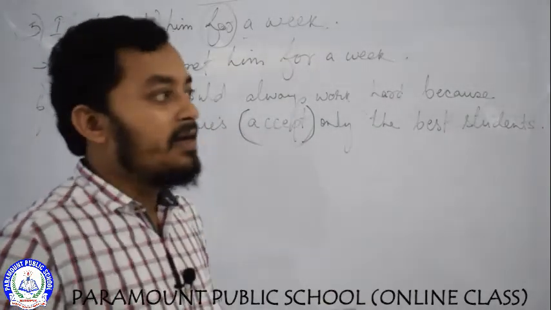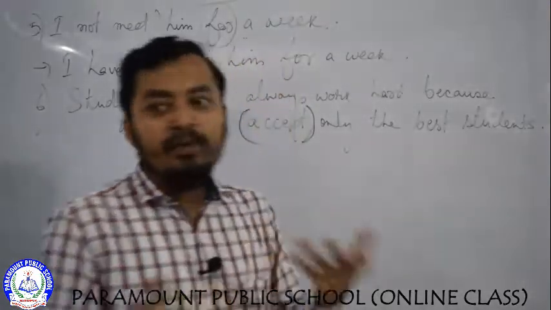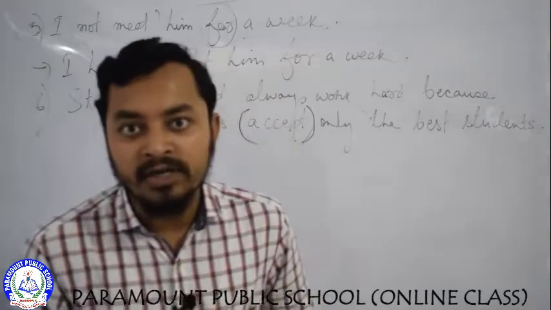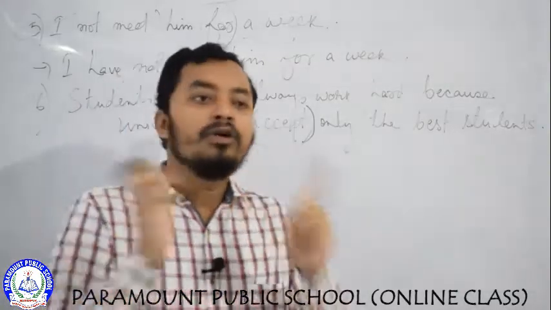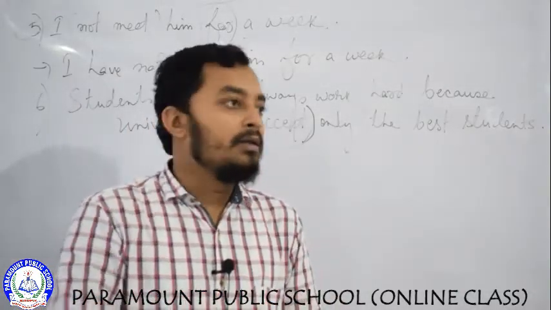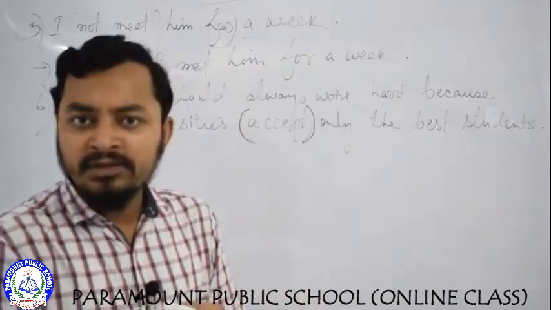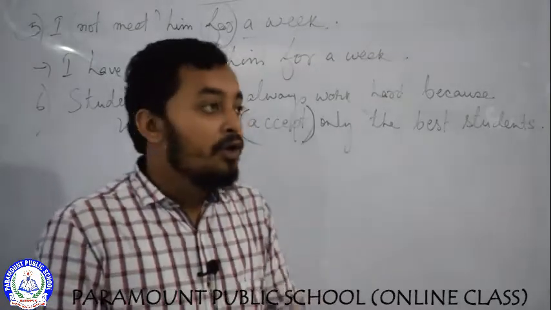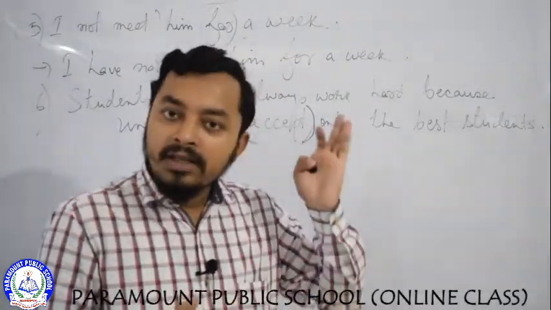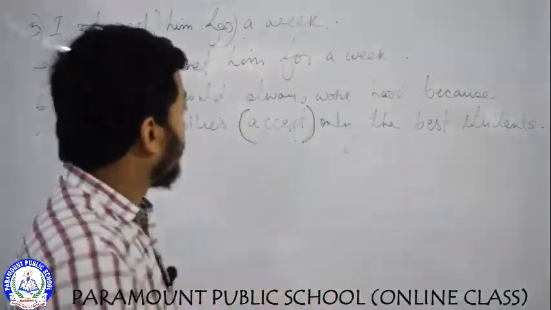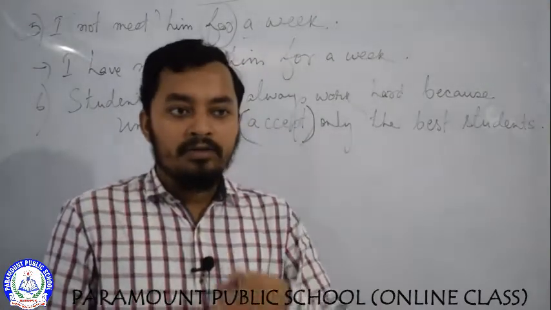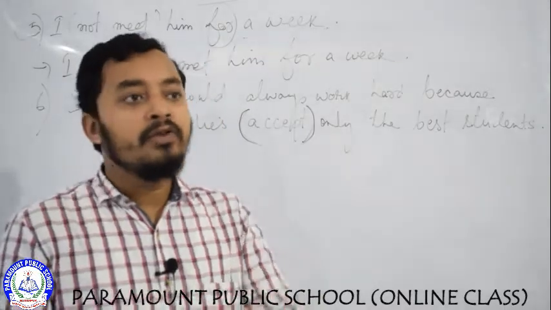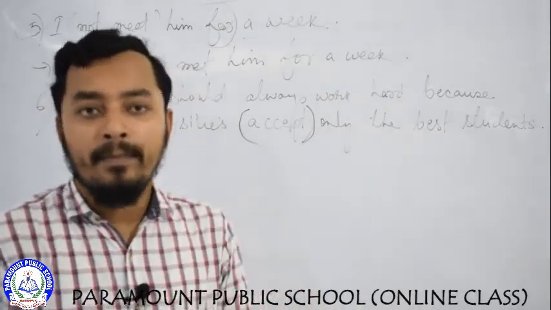If students are not the best students, if they do not get a good result, they will not be called the best students. So ultimately, universities will not accept them. Students should always work hard to get admission in universities because universities accept the best students.